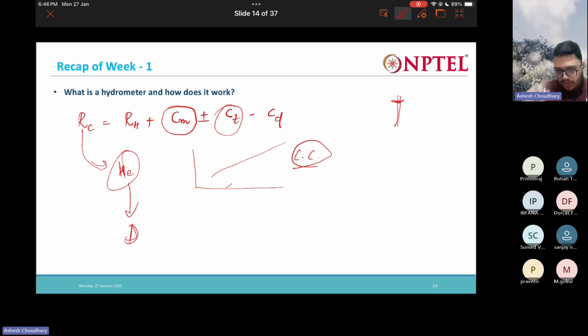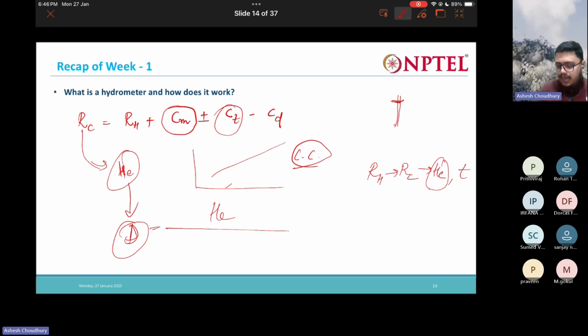There is one relation that we get from Stokes law, which relates the diameter to the HE and the time and all those things. So finally, remember you had noted RH. From RH you find RC, from RC you find HE. Now using HE and time you can get the D, diameter size. Okay, diameter size.